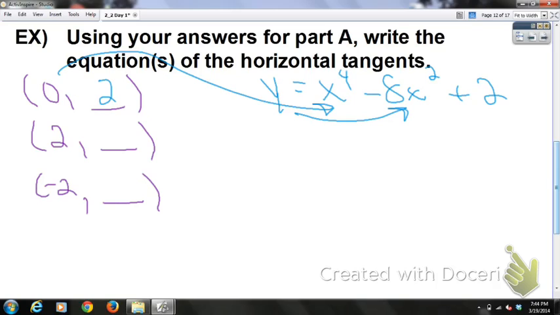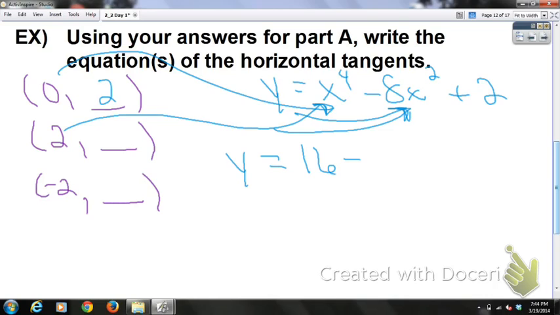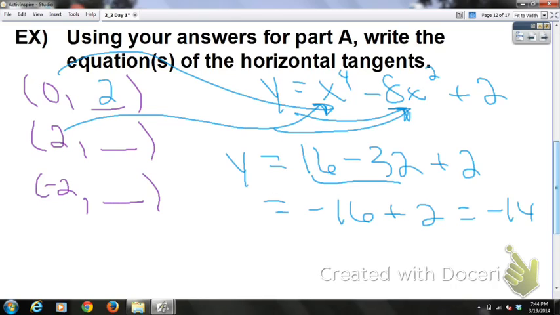When I plug in positive 2 for x, I get my y value is equal to 2 to the fourth, which is 2 times 2 is 4, times 2 is 8, times 2 is 16, minus 8 times 2 squared. 2 squared is 4, 4 times 8 is 32, plus 2. 16 minus 32 is negative 16, plus 2 is going to give us negative 14 as our y value when x is positive 2.